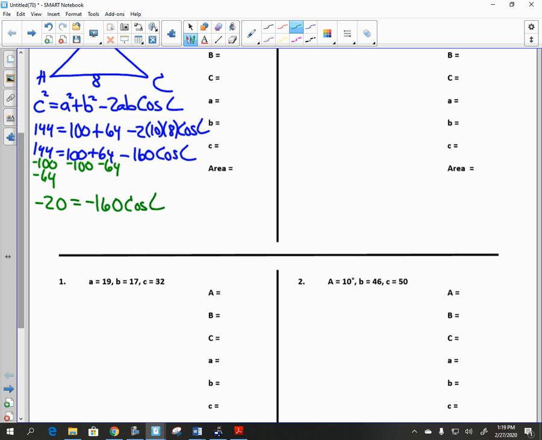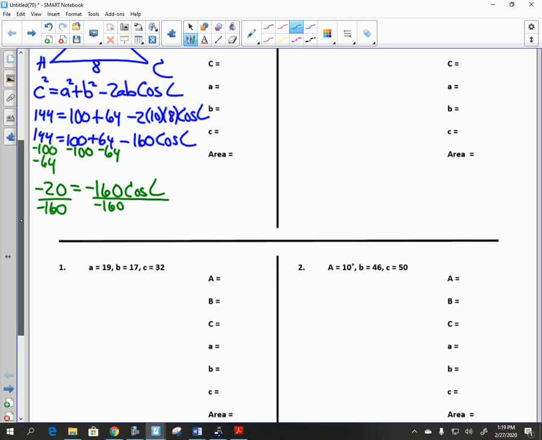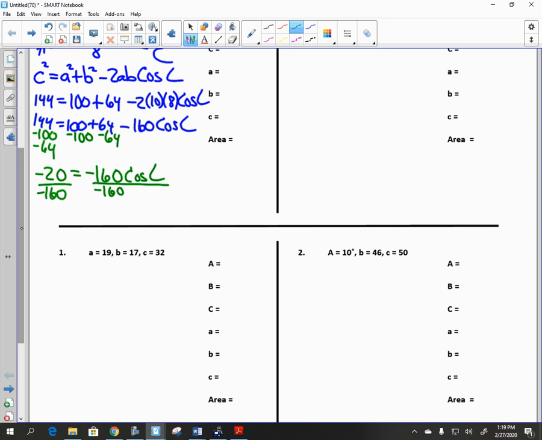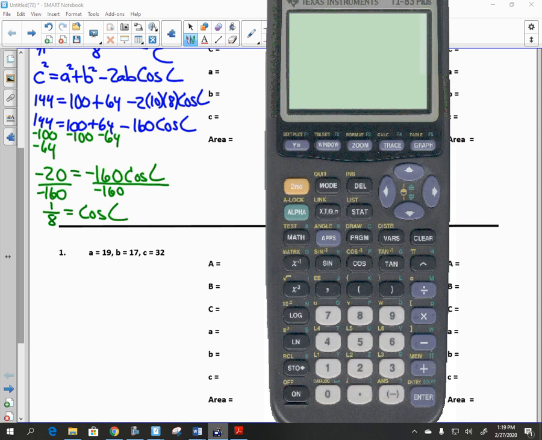What do you think I do to get rid of the negative 160? I divide. Negative 20 over negative 160 is 1 over 8, which is equal to the cosine of angle C. I'm trying to find angle C. What operation do I use on my calculator to find angle C?